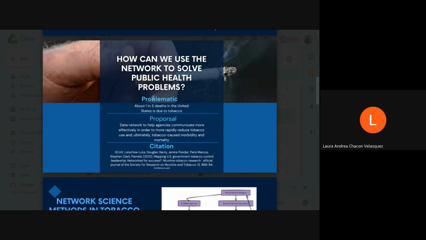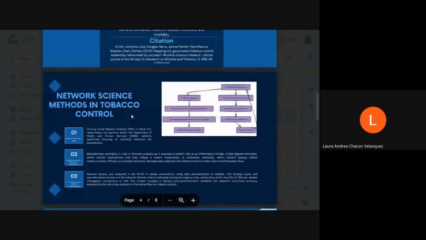The authors of the research, mapping US government tobacco control leadership network for success, built a social network to help 11 agencies of the Department of Health and Human Services communicate more effectively in order to reduce tobacco use more quickly. Next, please.